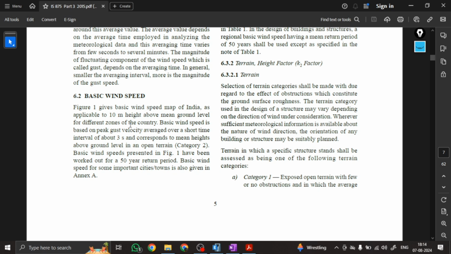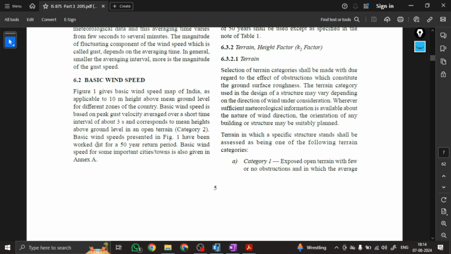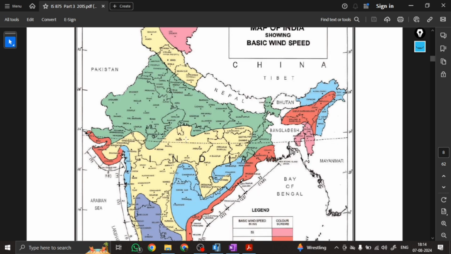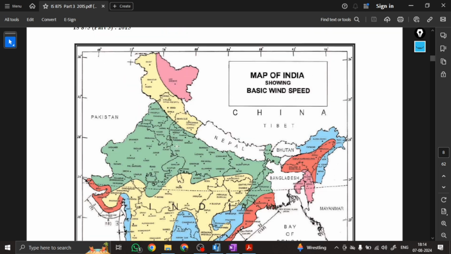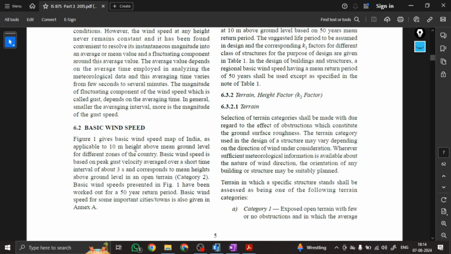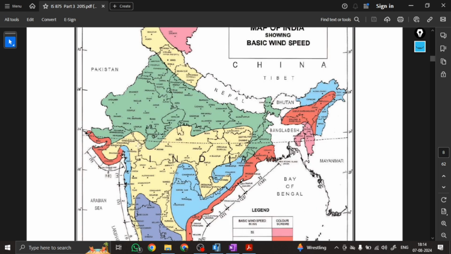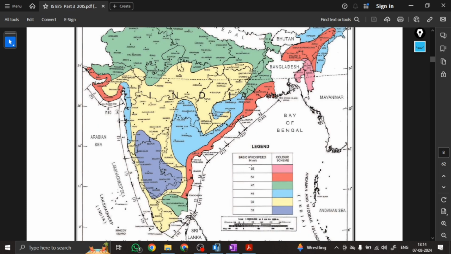Now this figure 1 India map is applicable to 10-meter height from ground level. We are considering this wind speed. See here we have 33 to 55 meter per second. We have the color schemes. 33 means blue, this is 33.